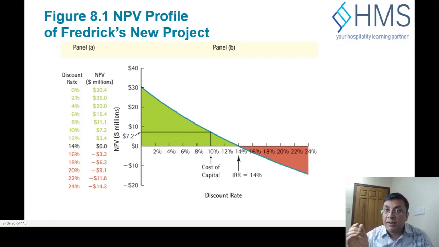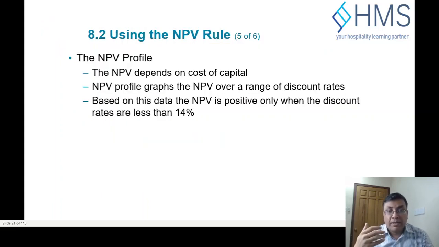If they are a bit far from each other, then normally there is a higher tolerance to different costs of capital in the project. The NPV profile depends on the cost of capital, and it helps us understand the net present value at different discounting rates.